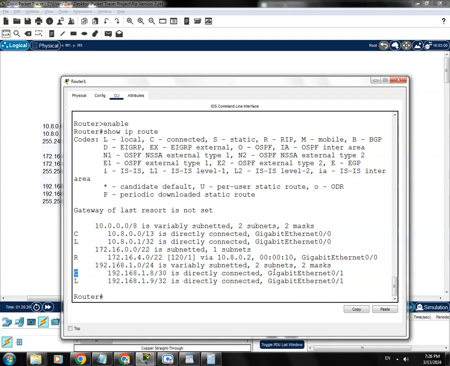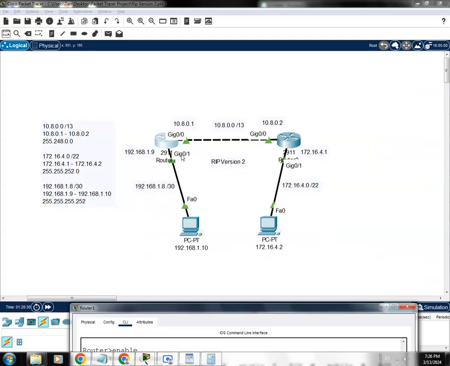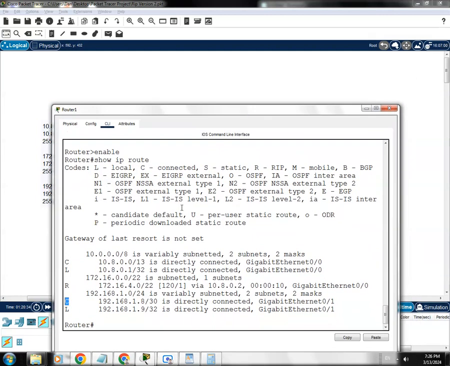It tells us that it's on gigabit Ethernet 0/1. That is true, 0/1 going here. And last would be the local. It tells us 192.168.1.9/32. Again, if you see this /32, it means there is one host available.